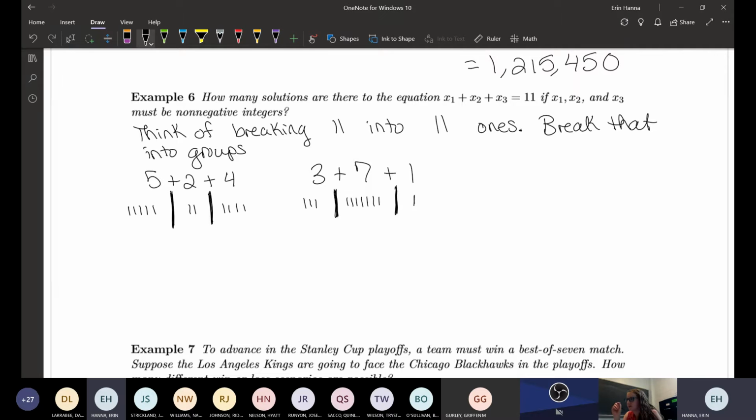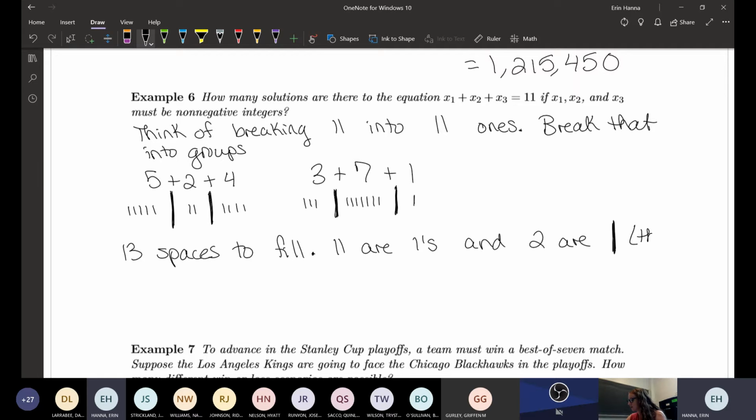If you think about this in terms of spaces that I'm writing symbols in, I technically have 13 spaces to fill, where 11 are the ones, and 2 of them are the separation pieces.